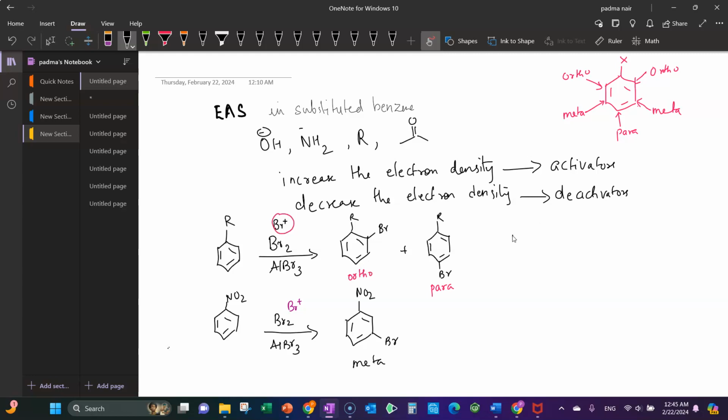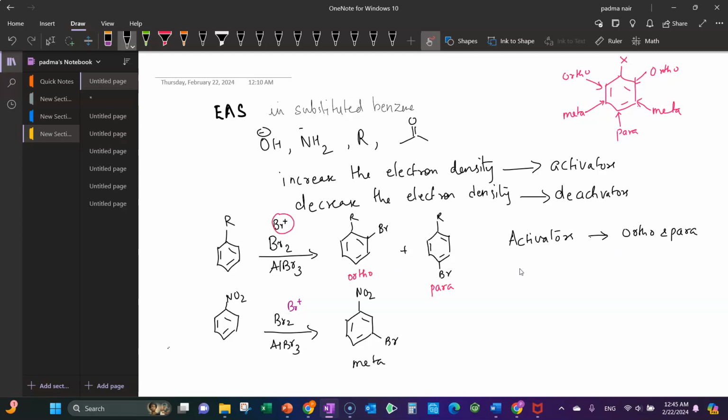Okay, so that means we can say that activators are ortho and para directors. So anytime you have a group that is an activator, it will direct the incoming group to either the ortho or para position. Okay, sometimes we'll get both.